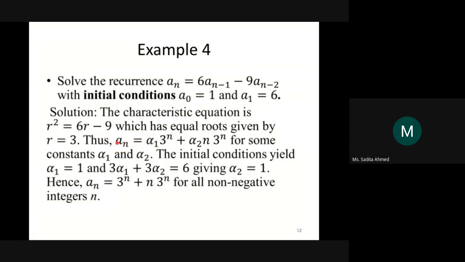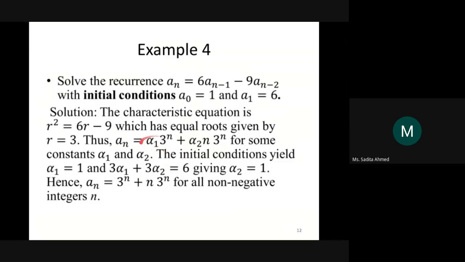The first sum term gives alpha 1. What about the second sum term? 0, because n is here as a factor in the second sum term. So for n is equal to 0, the second sum term becomes 0. So basically, first sum term is alpha 1. So on the right hand side we have only alpha 1, and on the left hand side we have a0, which is equal to 1.